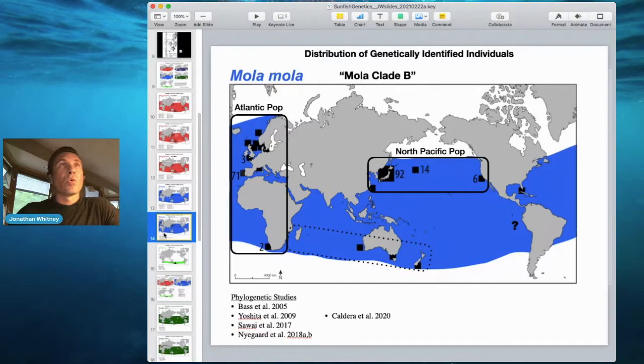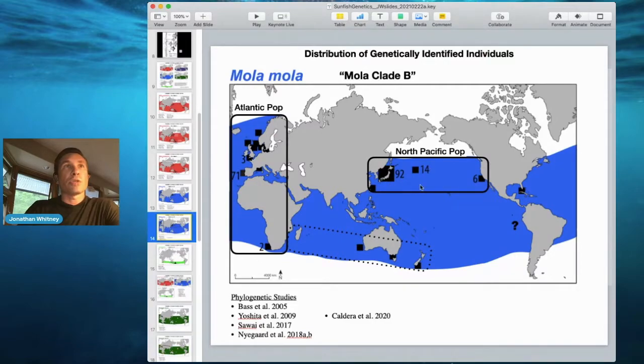And then this geographic structuring in ocean basins has now been a pretty robust result from a bunch of different genetic studies that have all detected this structuring of two populations, one in the Atlantic of Mola and one in the North Pacific. There is very little divergence within this North Pacific population.